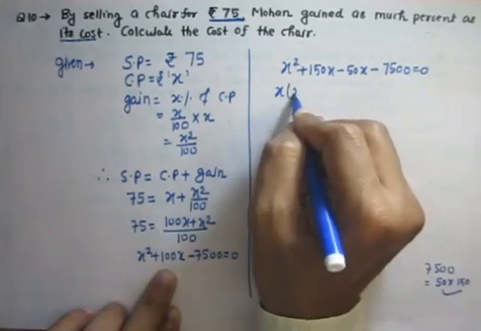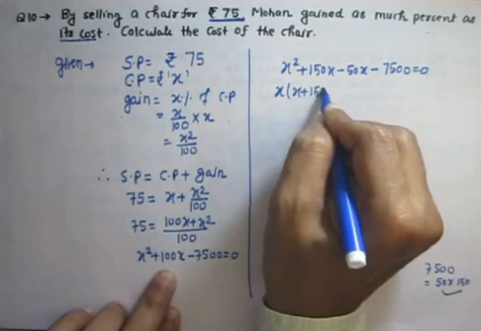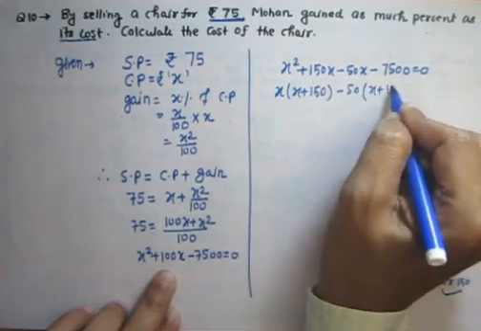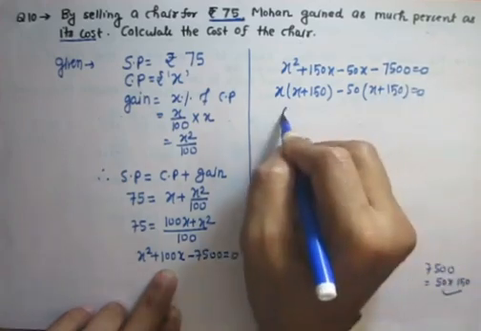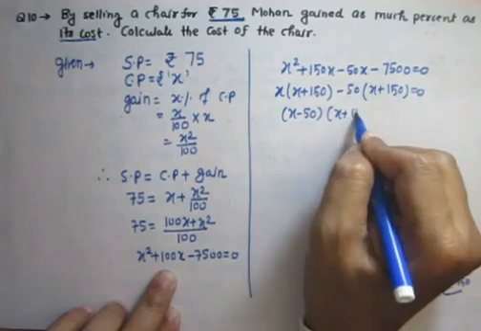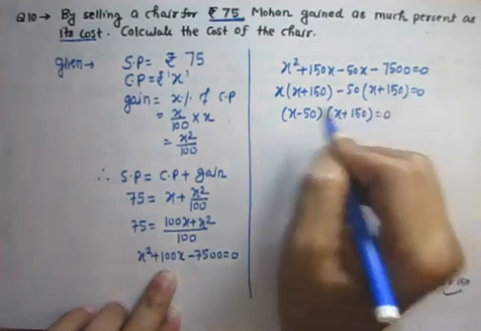So take x common, x plus 150, minus 50 common, x plus 150 is equal to 0. So we are getting x minus 50 into x plus 150 is equal to 0.